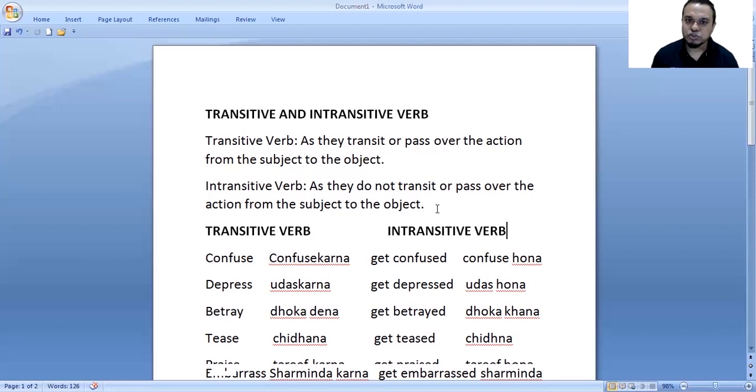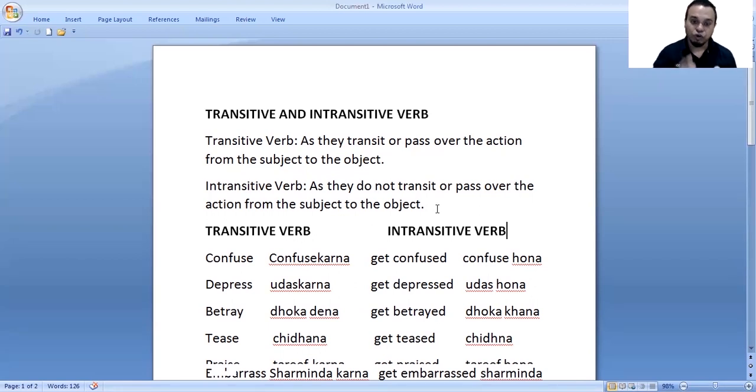If you really want to have confidence while speaking English, so this is the very important aspect. After learning this, you will have the complete clarity and you will have confidence to speak English fluently.